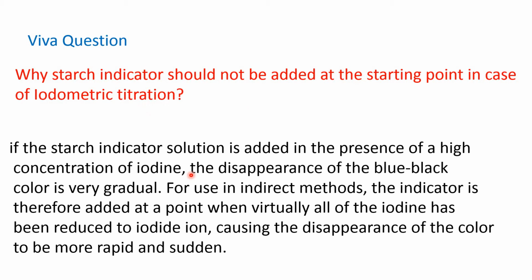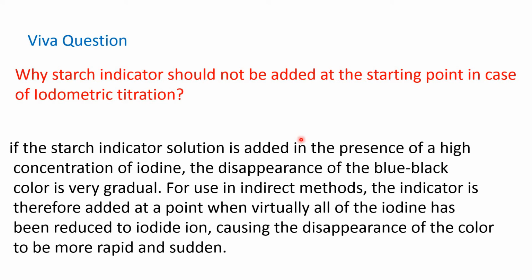Actually, you have seen that the endpoint is the blue-violet color to colorless. Now, in the presence of a high concentration of iodine, the disappearance of this blue-violet color is very, very gradual. So, if you add this indicator near the endpoint, then the endpoint will be sharp and sudden.